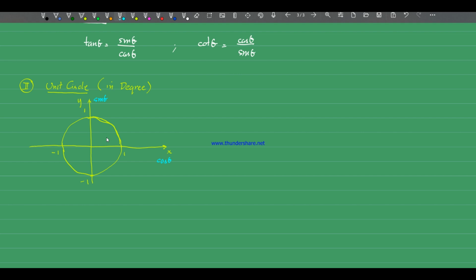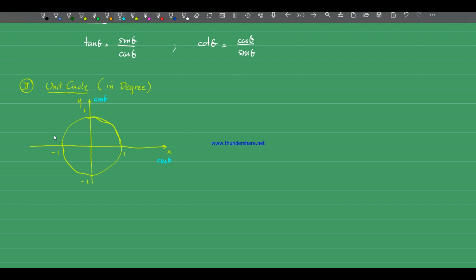And based on this circle, I can get the table, I can get the sign, either positive or negative, for all trigonometry ratios, the 4 of them: sine, cosine, tangent, and cotangent. Well, if you know the sign of the sine or cosine, you know cosecant and secant.